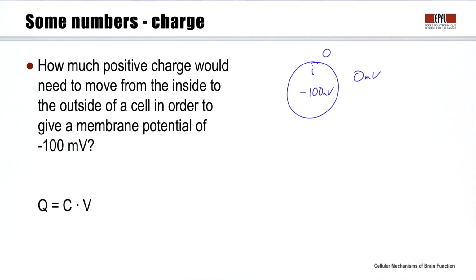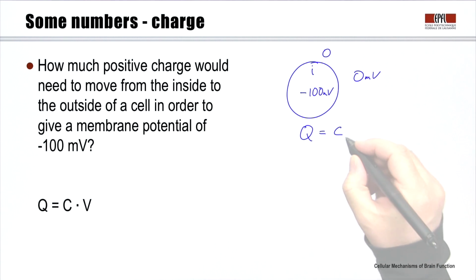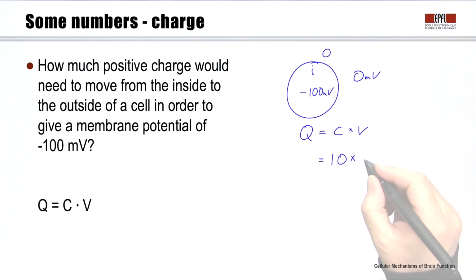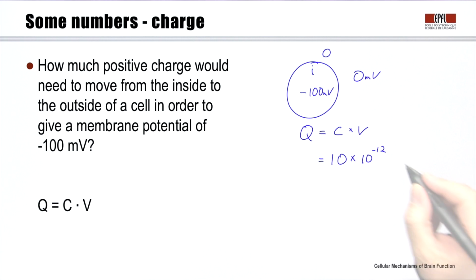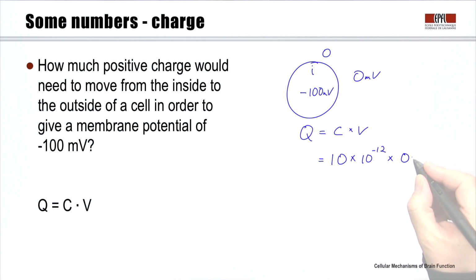So we take our standard equation, charge is equal to the capacitance times the voltage. We agreed that the capacitance of a typical cell was somewhere around 10 times 10 to the minus 12 farad, and the voltage is 0.1 volts.